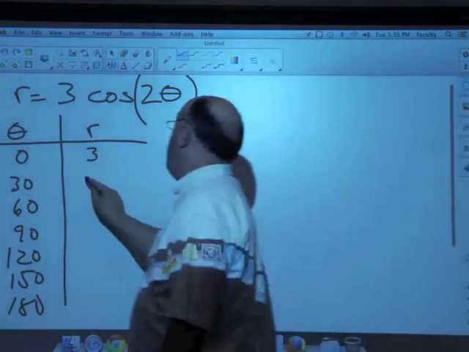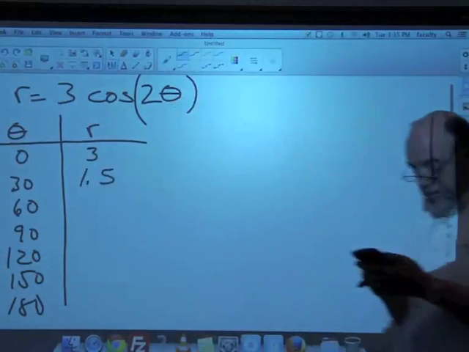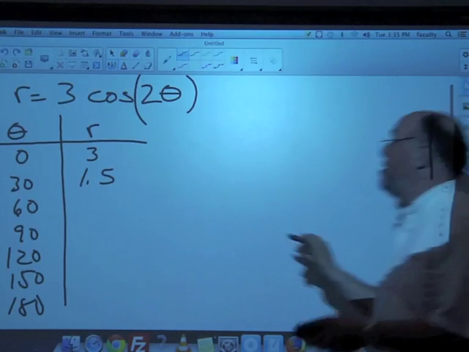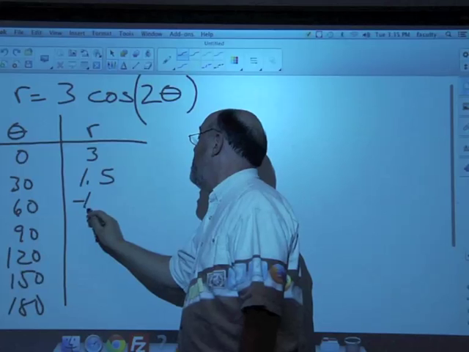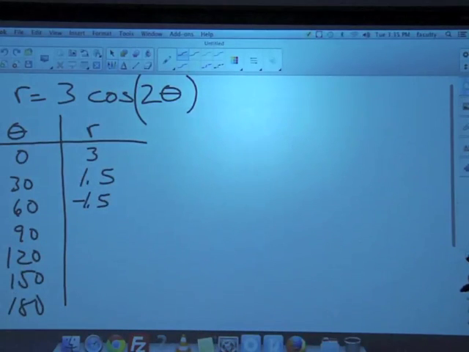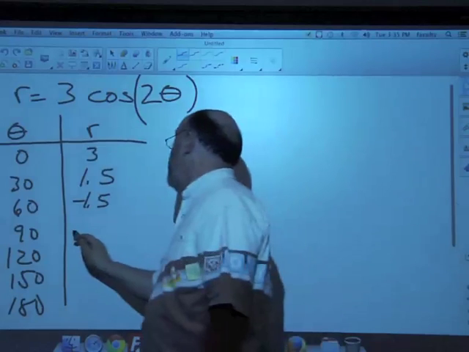The next one will be 1.5. The next one is negative 1.5. The next one is negative 3.